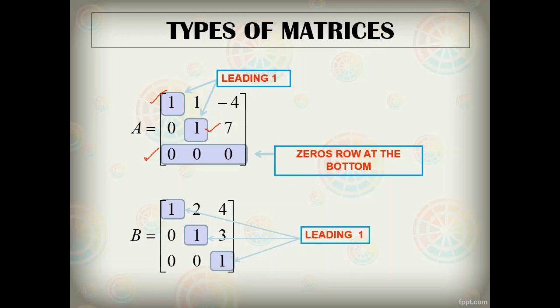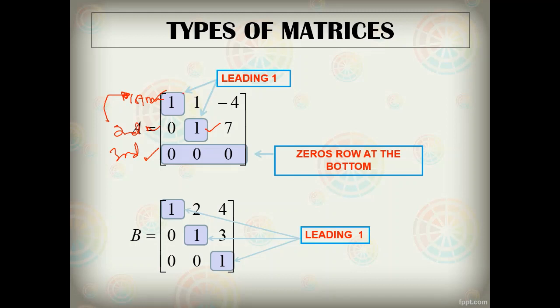So this is the first row, second row, third row. You can neglect this one because this is entirely 0. No problem with this. But the number 1 of the second row must start to the right of the previous row, so it depends on the location of the number 1 from the first row.